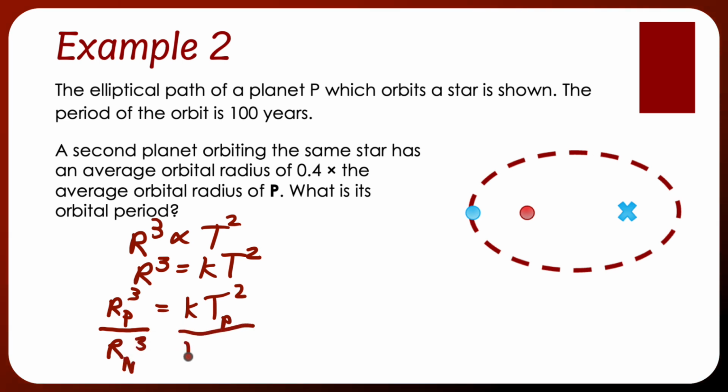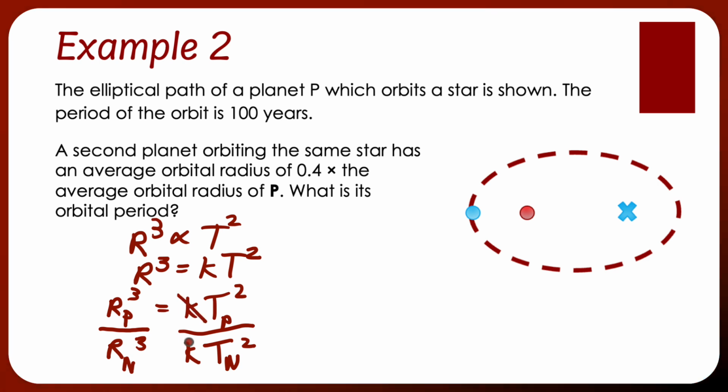It's going to have the same k, it's going to have a different period. I'm going to do that because we know this is an equal sign, so when I divide it, I really should have the same value on each side.